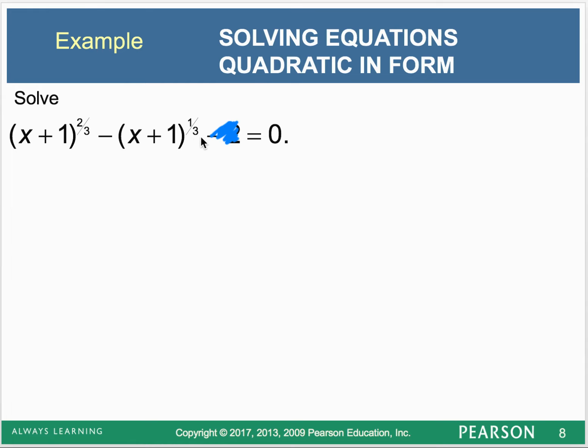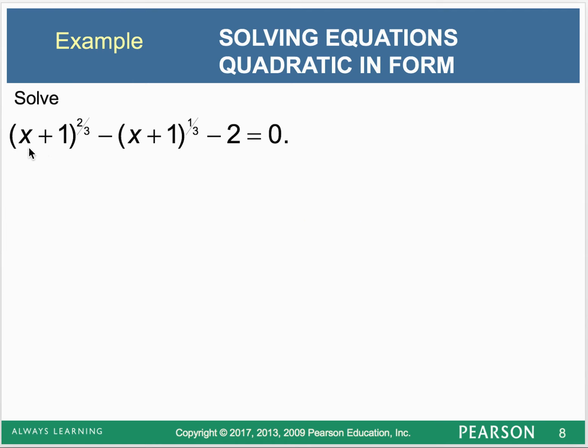But if it has two terms over here, I can't do that, because when I move this over, I would have x plus 1 to the 1/3 minus 2. And then when I raise that to the 3, how am I going to do that? No, can't have it. So that's the difference, right?